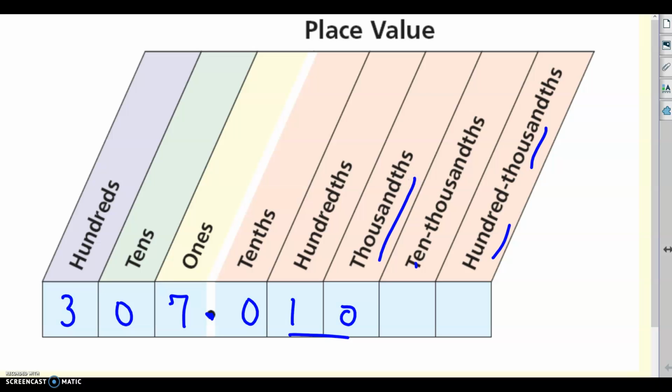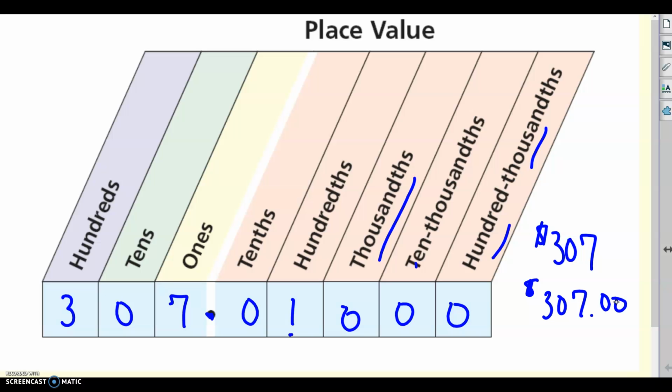That really has the same value as this number, 307 and 1 hundredth. Remember that you can add 0's on the end, and it doesn't change the value at all. Think about if it was $307, you could write it like this, or you could write it like this.